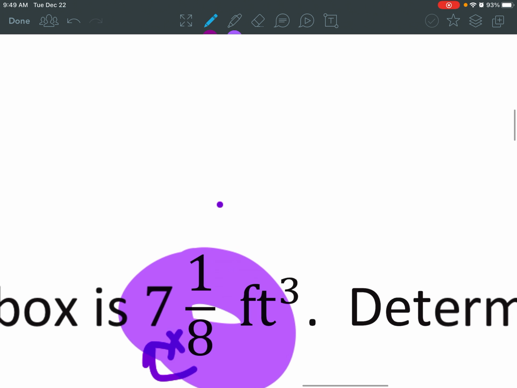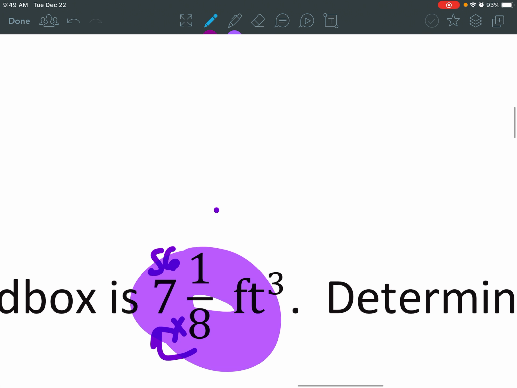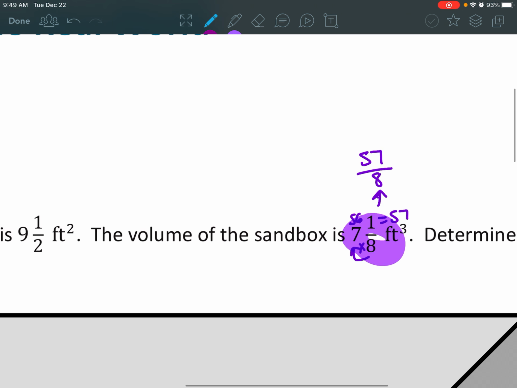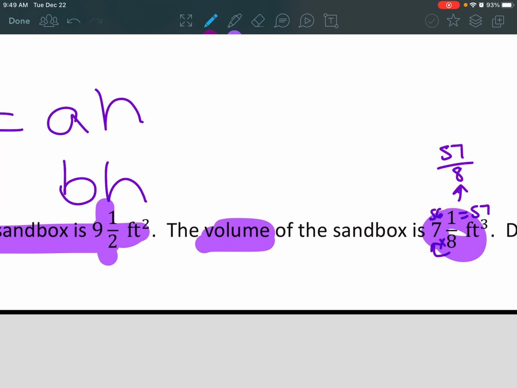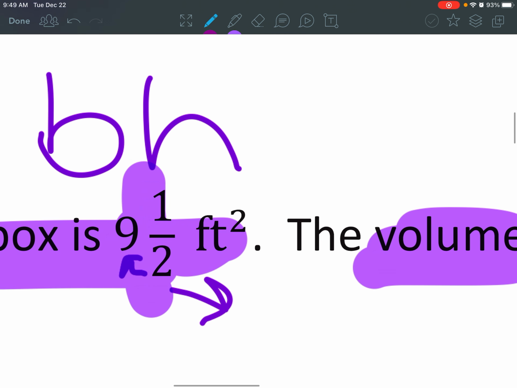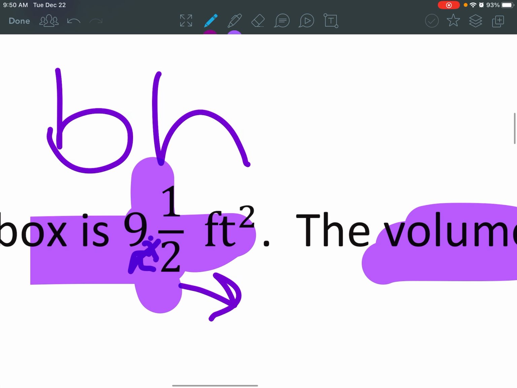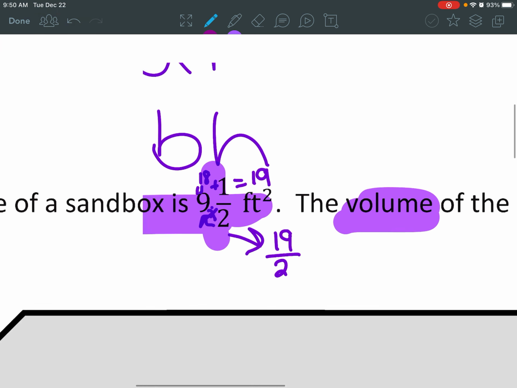7 times 8 is 56. 56 plus 1 is 57. So this would be 57/8. And 9 1/2 would be 2 times 9 is 18 plus 1 equals 19, so 19 halves.